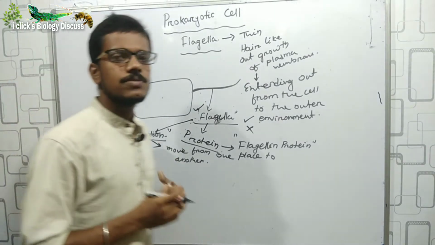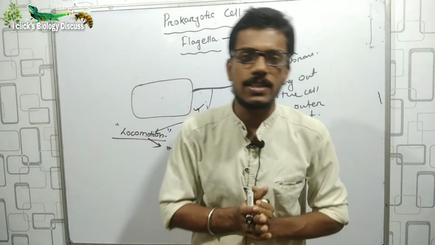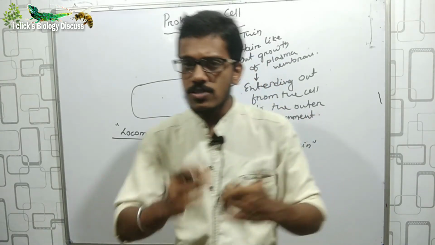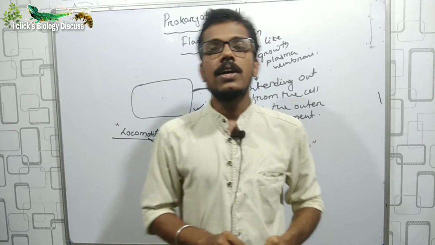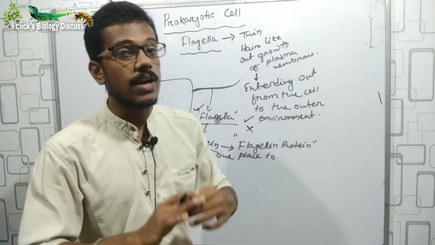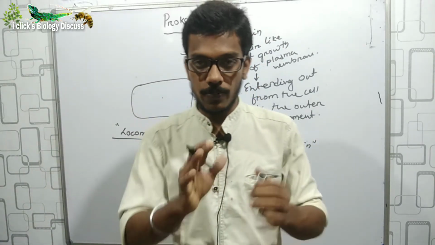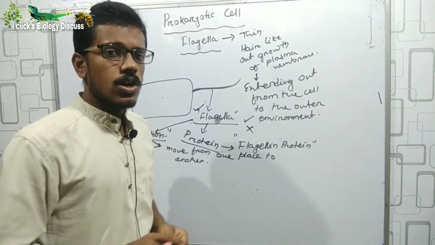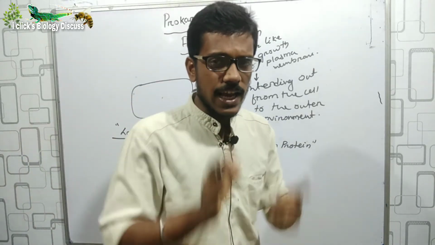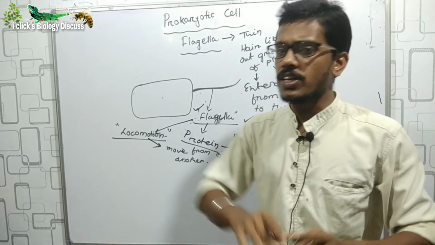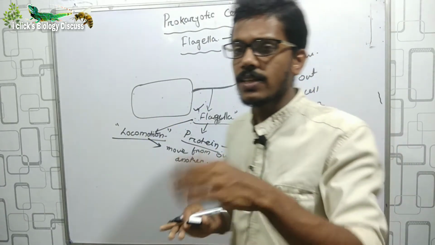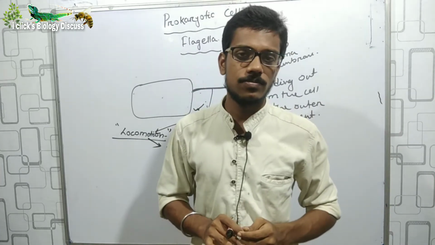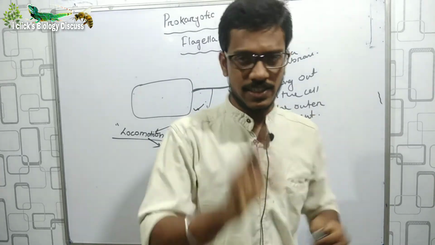How is this arranged in the cell of a bacteria? On the basis of its arrangement and its number, the bacteria are categorized into several types. Let's see what these are.